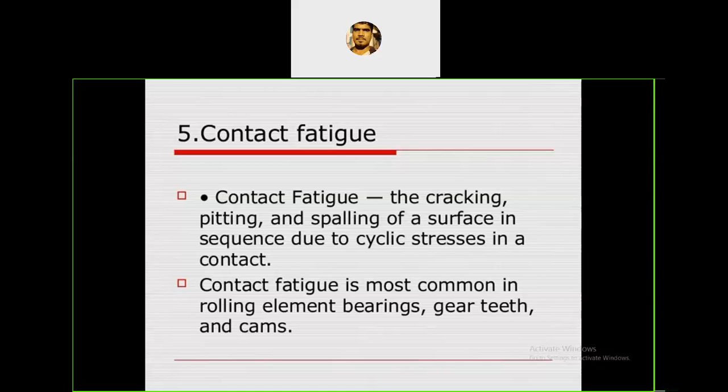So here the cam is the best example that undergoes cyclic or fatigue type of load. When there is fatigue type of load, a sequence of load is operating on the bearings or gear or cam that creates the cyclic stresses. That load creates the cyclic stresses, and those stresses accumulate in the component and cause the continuous wear.